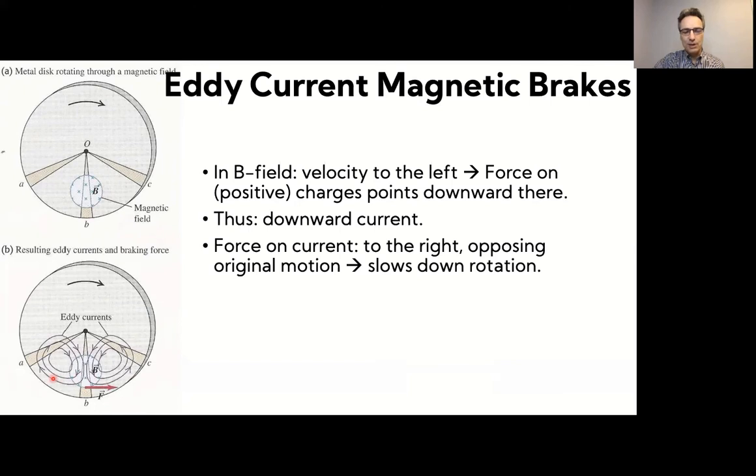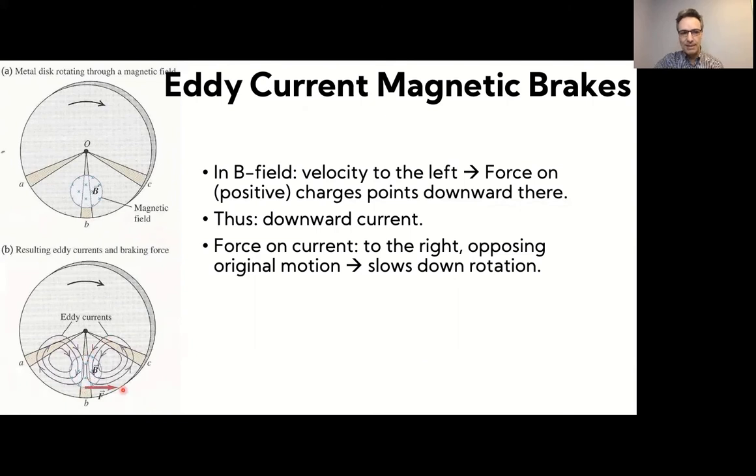That's going to result in a current; v cross B is pointing down. So you'll get downward currents, indicated by these arrows, in this region where you have the magnetic field. If you have a downward current in that magnetic field, you use your right-hand rule. What you find is that this results in a force IL cross B, and that force is against the direction of motion.